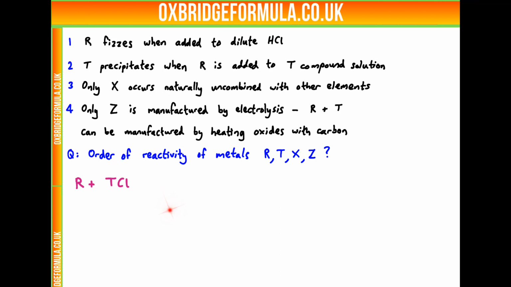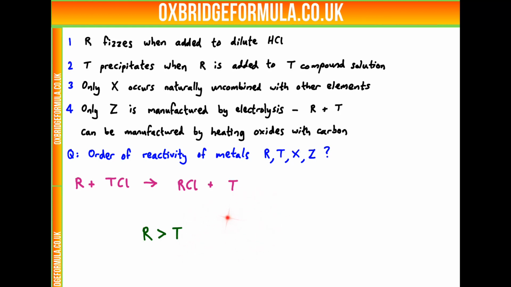If T precipitates out, then R occupies the chloride rather than T, and we get T metal. So what does this tell us about the relative reactivity of R and T? If R preferentially reacts to form the chloride, then that tells you that R is the more reactive metal than T. So that's our first comparison that we can make.